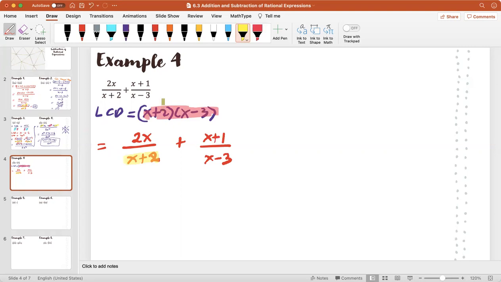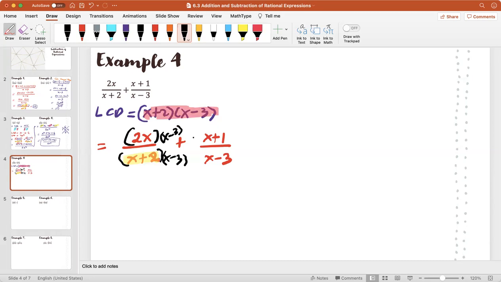You'll be canceling x plus 2, and so the quotient is x minus 3. That means we have to multiply both numerator and denominator by x minus 3.